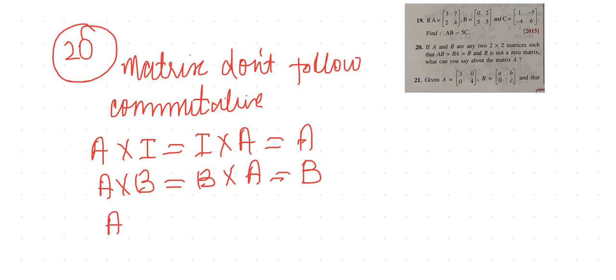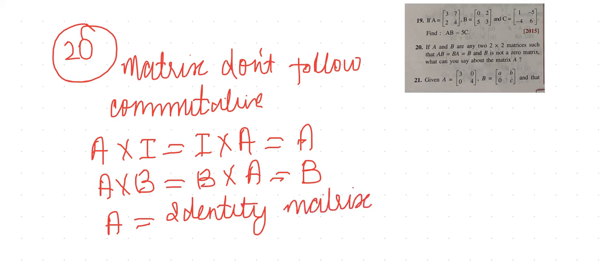Clearly A is the identity matrix. Okay, so A you will be writing that A is the identity matrix. Okay, so this is going to be your answer, that A is the identity matrix.